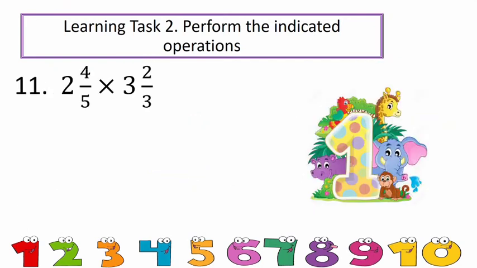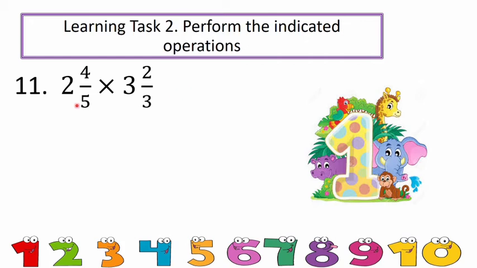Okay, let's have number 11 example. We have 2 and 4/5 times 3 and 2/3. Before we multiply this, we have to change the mixed numbers into improper fractions. How are we going to change it? The denominator multiplied by the whole number, then add the numerator over the denominator.